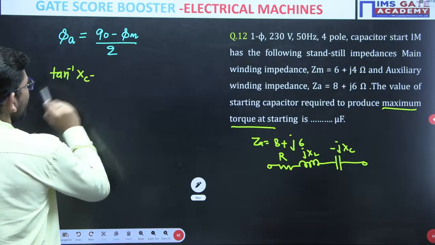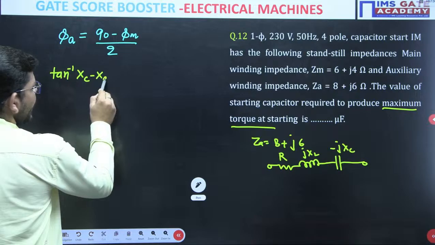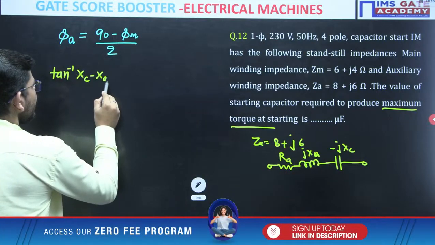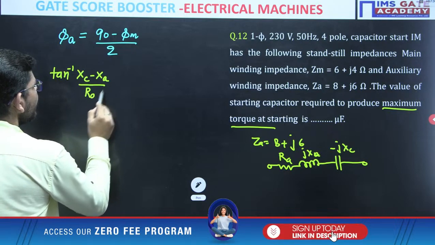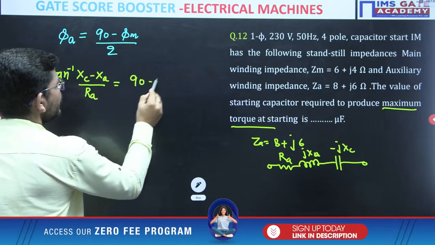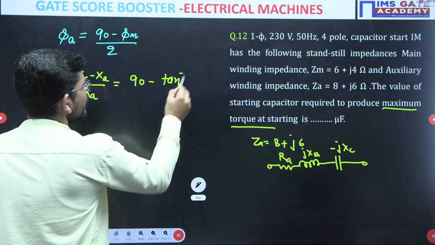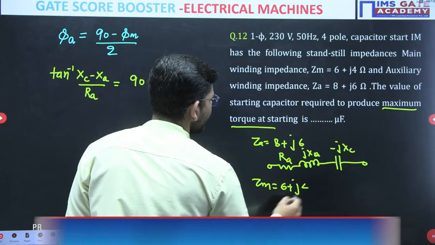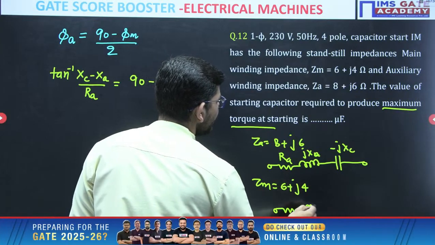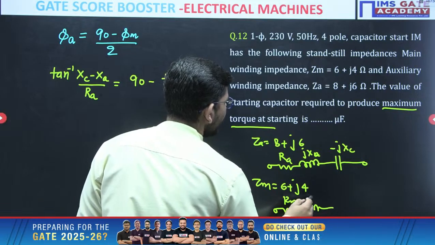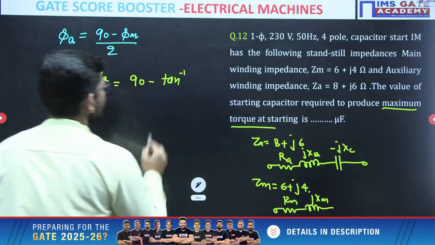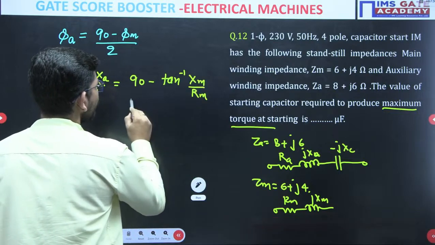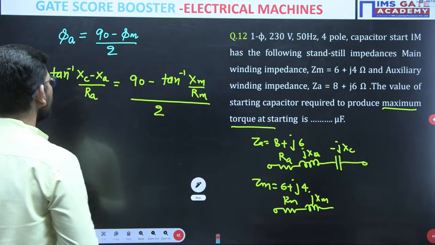Tan inverse of (XC minus XA) over RA, where RA is the resistance and XA the reactance, equals 90 minus phi m. How will you calculate phi m? In the main winding we have only resistance and inductance, Rm and jXm. So tan inverse of Xm over Rm, divided by 2. Correct?